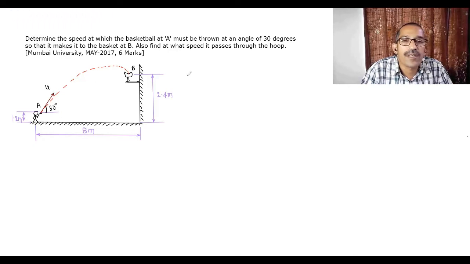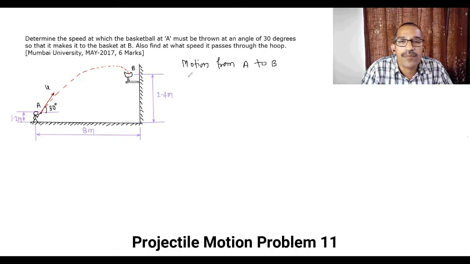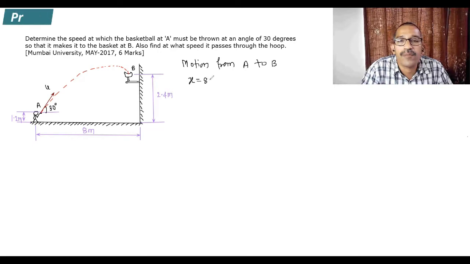Now, if you consider this motion from point of projection A to point B, what data is given, we have to identify properly. The A to B horizontal distance is given as 8 meter. That means your x distance comes out to be 8 meter.